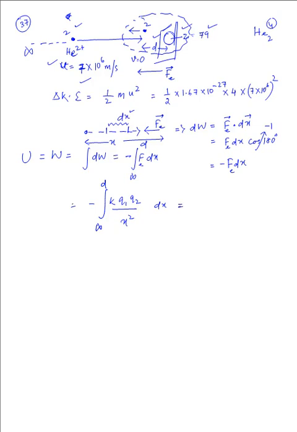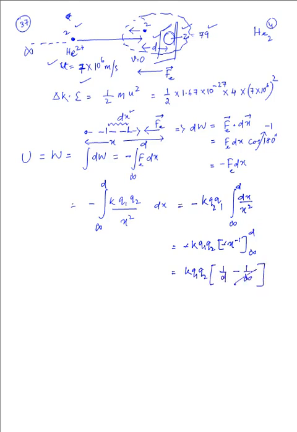So that is equal to, the minus stays as such, k q1 q2, they are all constant terms, and this is dx over x squared integrated from infinity to d, and that's going to give us minus k q1 q2 and x raised to the power minus 2 plus 1, so this is minus 1, and the minus of this, from the formula for integration, the minus multiplied becomes plus, so k q1 q2, so this is 1 over d, the upper limit, minus 1 over infinity, the lower limit, that's going to go to 0 for sure.